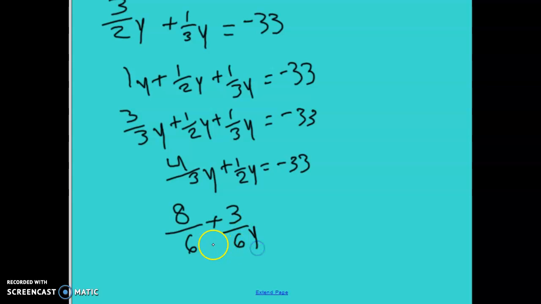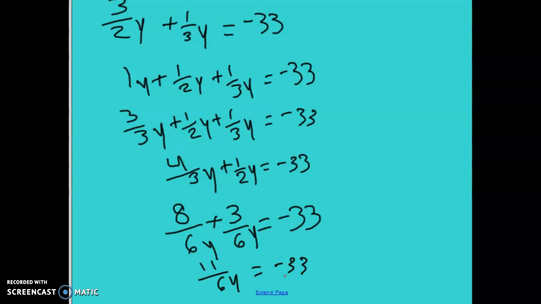Oops, can't forget my y's. And that equals negative 33. Now things are starting to get neater for us, right? So I'm going to end up with 11/6 of y equals negative 33.